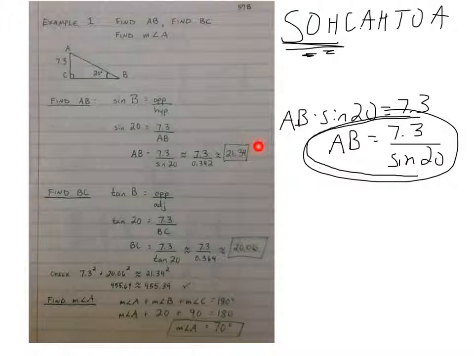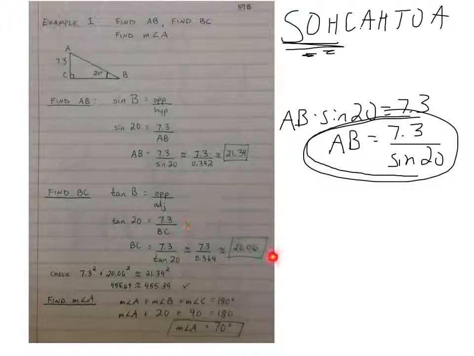If we wanted to find BC, we now have the opposite side, and we are looking for the adjacent. So tangent uses opposite over adjacent. Tangent of B is opposite over adjacent, so our opposite is 7.3. Our adjacent is what we're looking for.